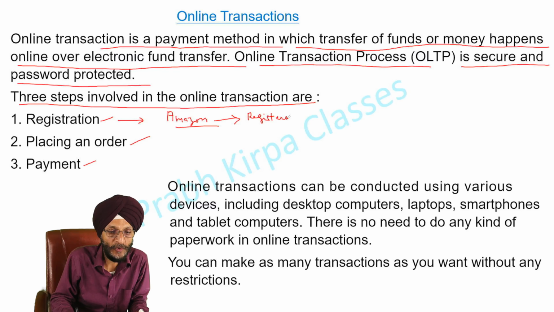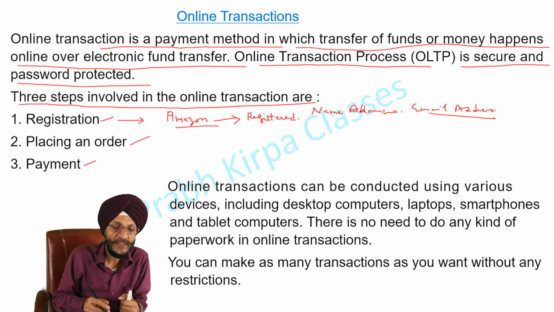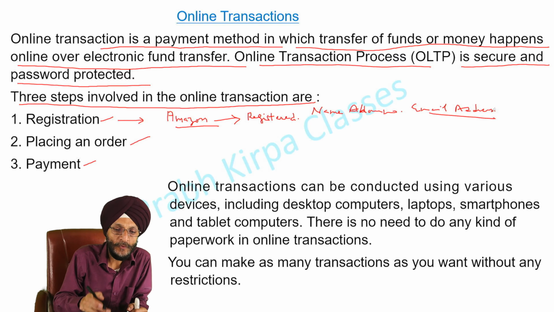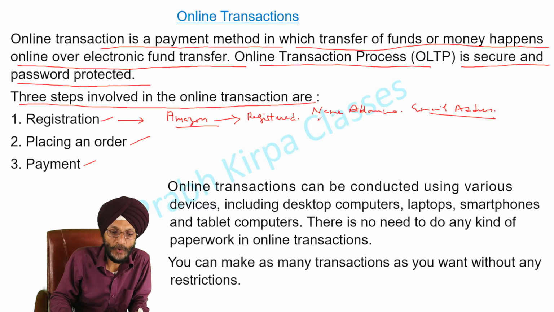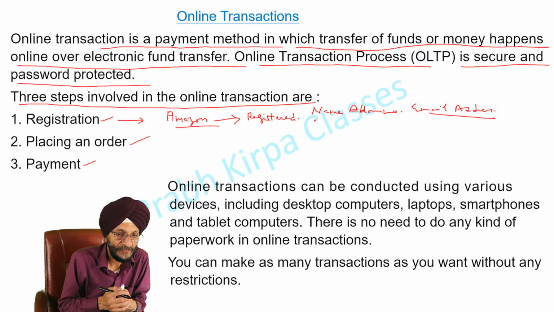If you are not registered, you have to register yourself on the site, for which the site will ask you normal questions like your name, your phone number, your email address, and such other questions. And after that, you will be required to have your login name and password.